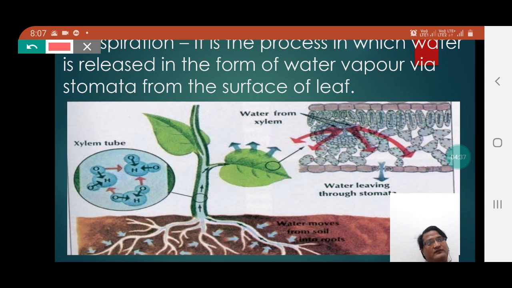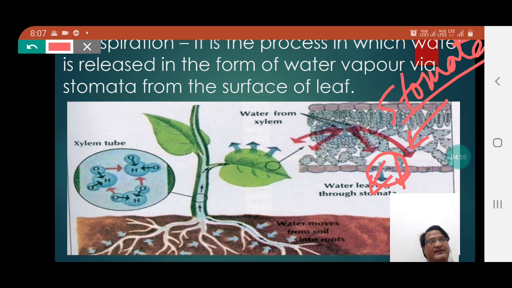Where we can notice that the lower epidermis of the leaf has the stomata. Students, this is the stomata, and by this stomata the water is getting released in the form of water vapor, and students, this release of water in the form of water vapor from the stomata present in the leaf is called as transpiration.